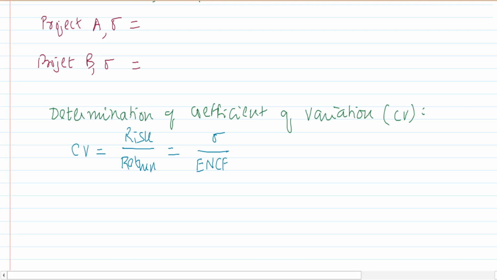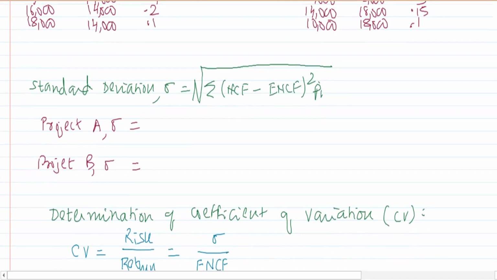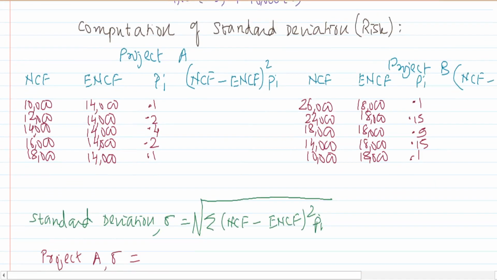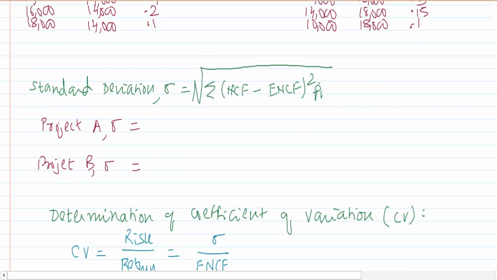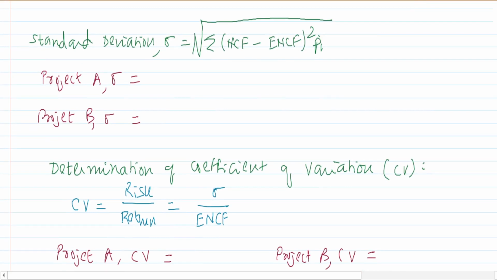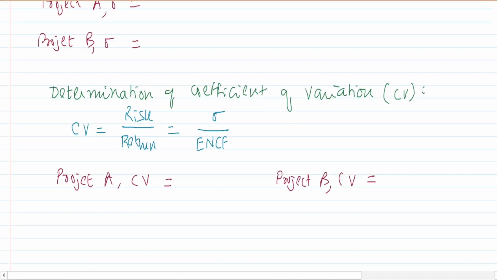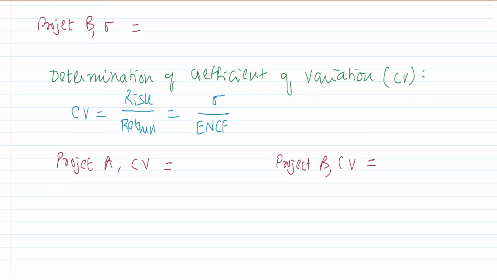And then we say here project A, CV equals, and on the side you can say project B, CV equals. If you see the expected net cash flow that we have already determined, 14,000 and 18,000, you can even do that over here.